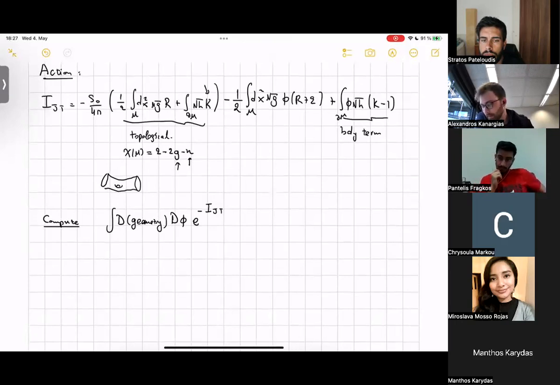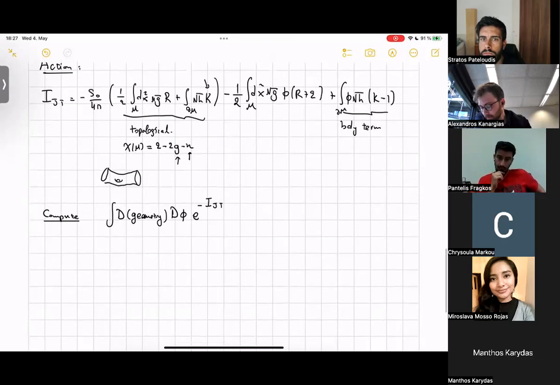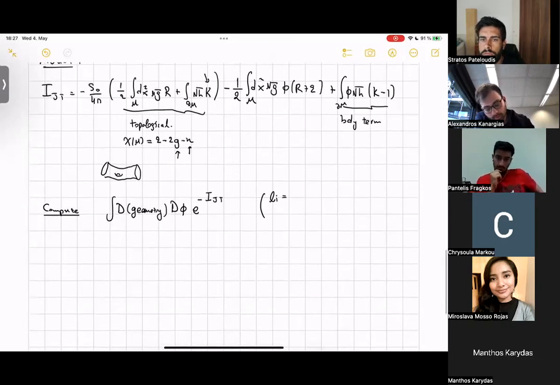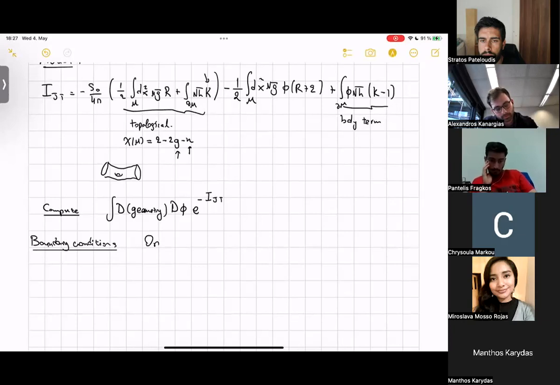There are also some boundary conditions which I will state, but I don't want to focus on this. So what are the boundary conditions? You want your manifold to be orientable and have n asymptotic boundaries.